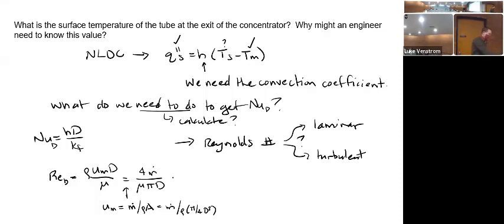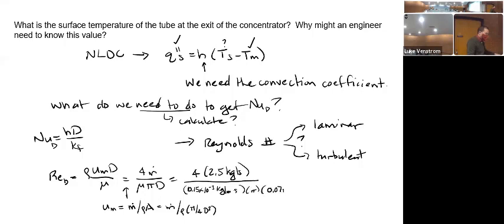So if you look at the data that we were given for this particular parabolic trough concentrator, we had 4 times 2.5 kilogram per second over the viscosity we were given, which is 0.15 times 10 to the minus 3 kilogram per meter second, times pi times 0.07 meters, because it's a 70 millimeter tube diameter.